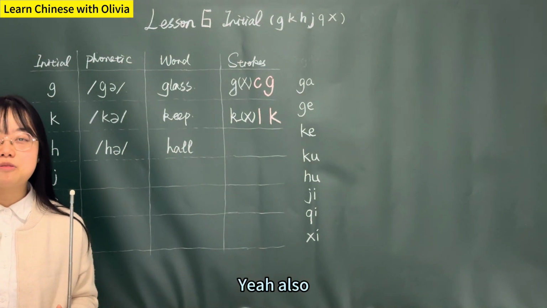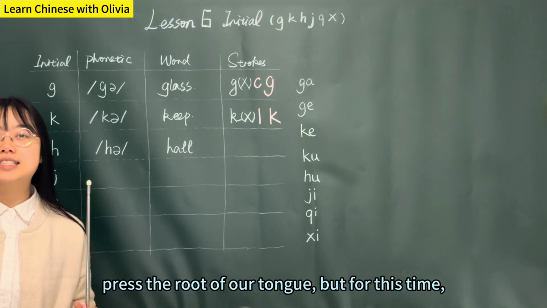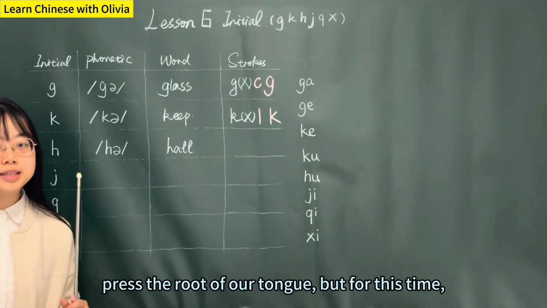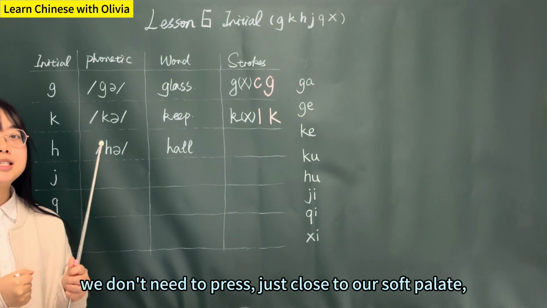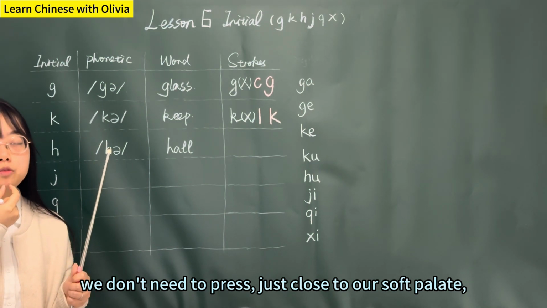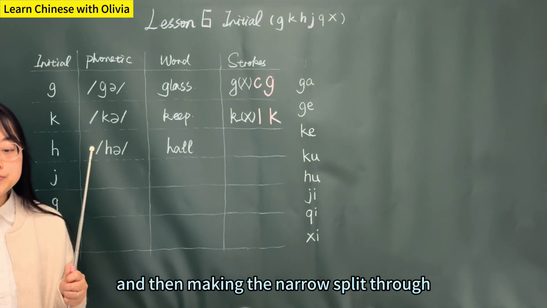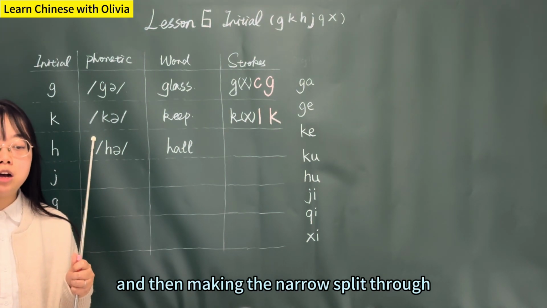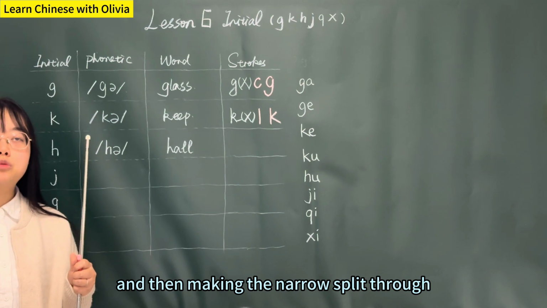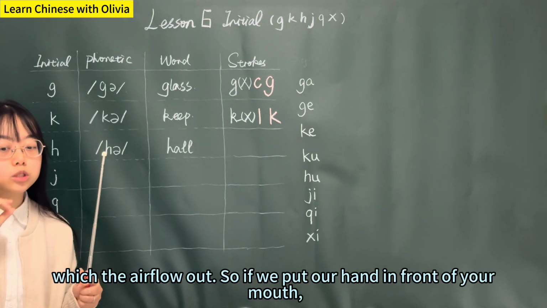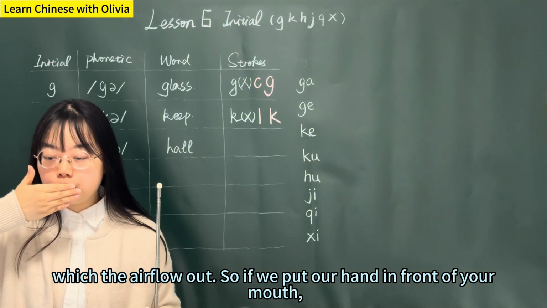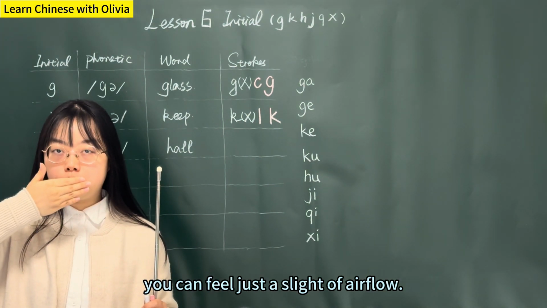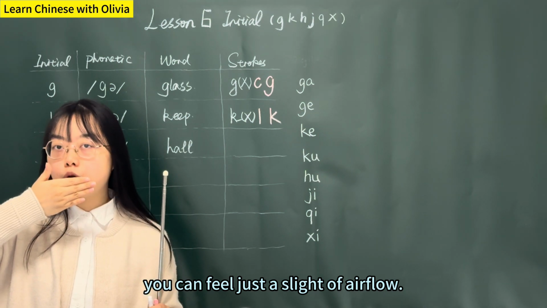Also press the root of our tongue, but this time we don't need to press, just get close to our soft palate, and then make a narrow slit through which the airflow goes out. So if we put our hand in front of our mouth, you can feel just a slight airflow.